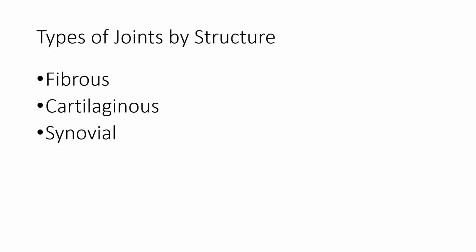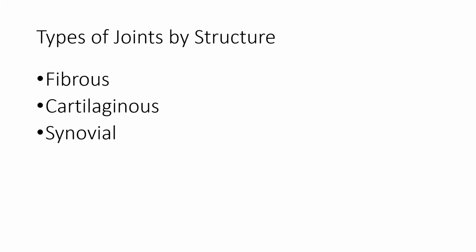Now, by structure, we have what's known as a fibrous joint, or a cartilaginous joint, or a synovial joint. So movement-wise, we had immovable, slightly movable, and freely movable.